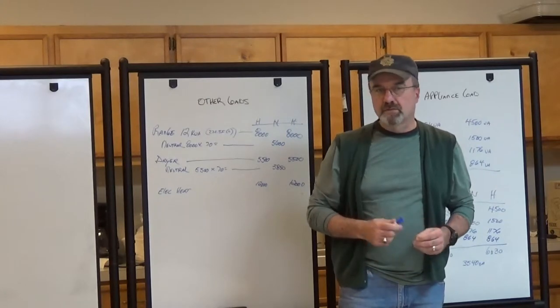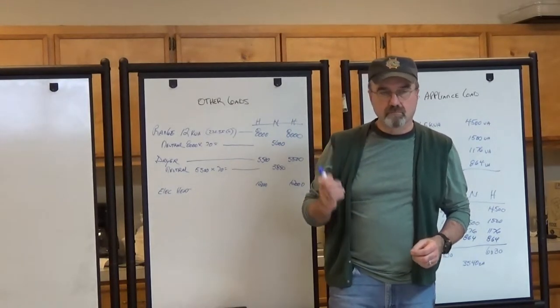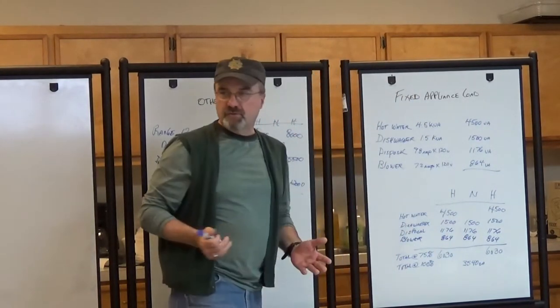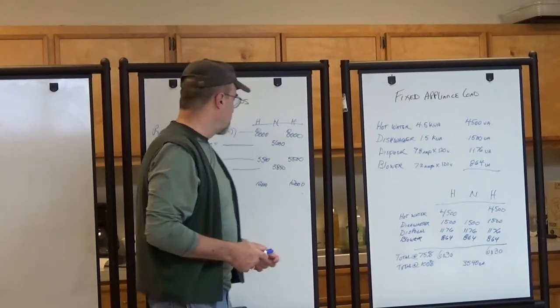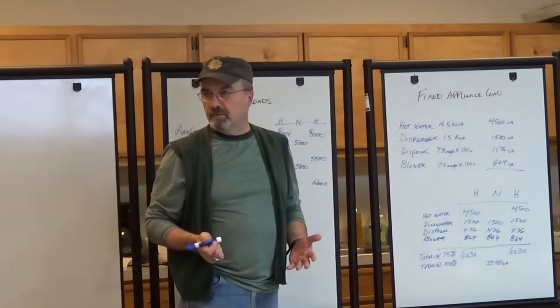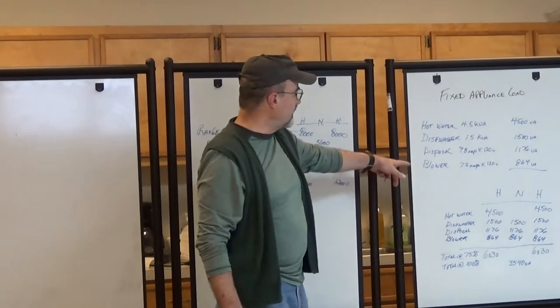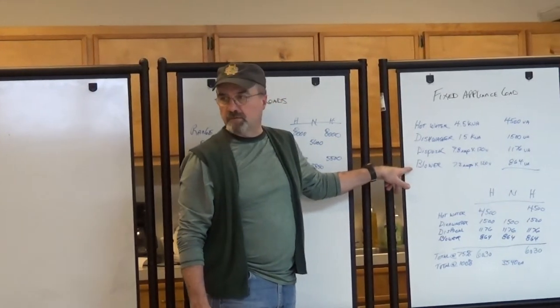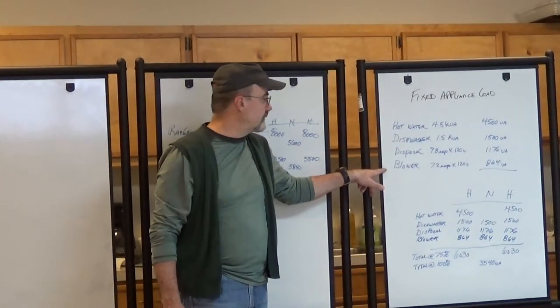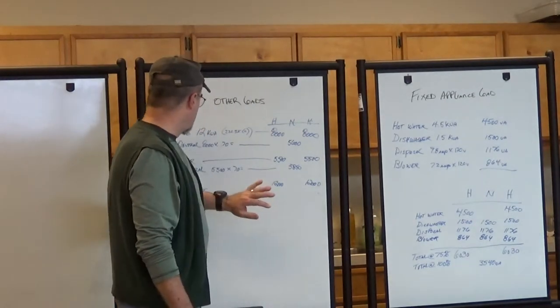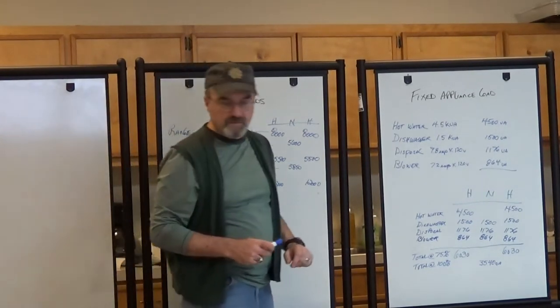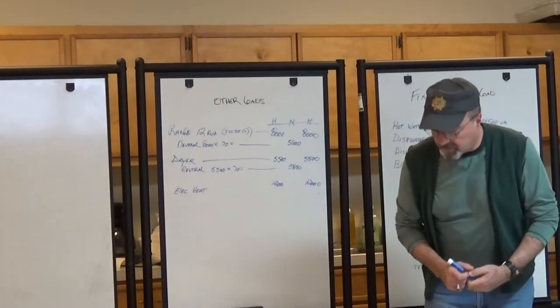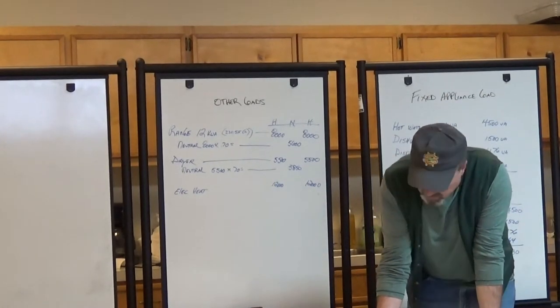Okay. So we don't need to run a neutral for that. But what about the blower motor? Well, we got the blower motor over here. We calculated for the blower motor over here. So the electric heat, 12,000 watts or 12,000 VA. Okay.